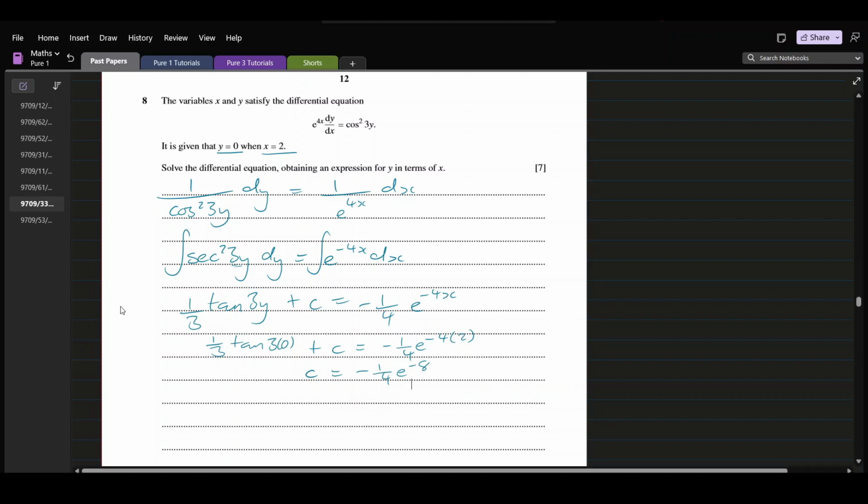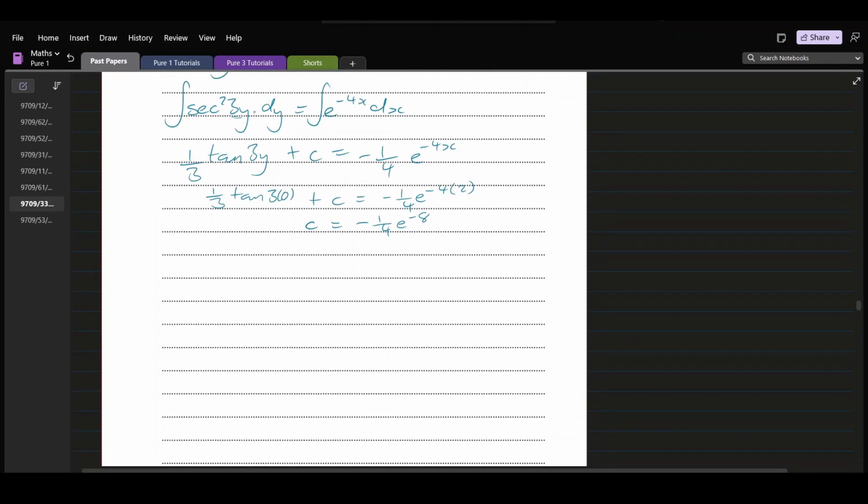And we can substitute that into our equation. So what we have is 1 over 3 tan 3y minus 1 over 4 e to the -8, which is equal to -1 over 4 e to the -4x.